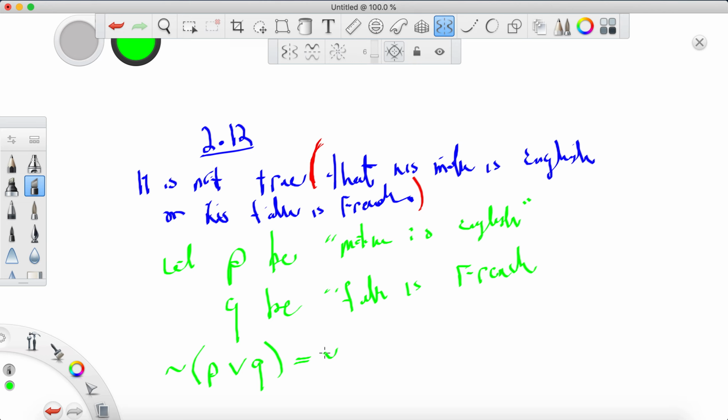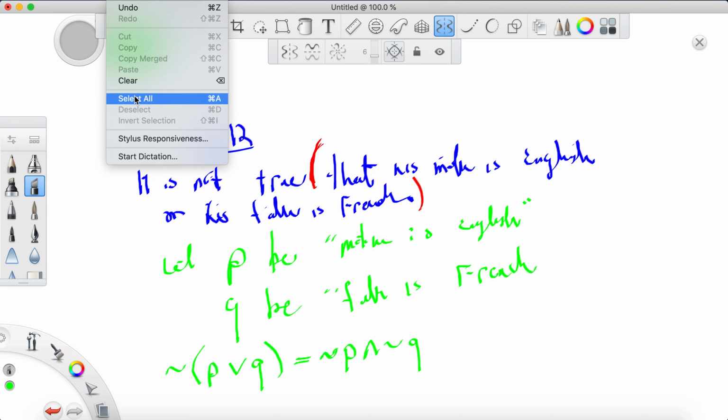So by De Morgan's law, we would say not P and not Q. In other words, his mother is not English and his father is not French. That's our final conclusion.